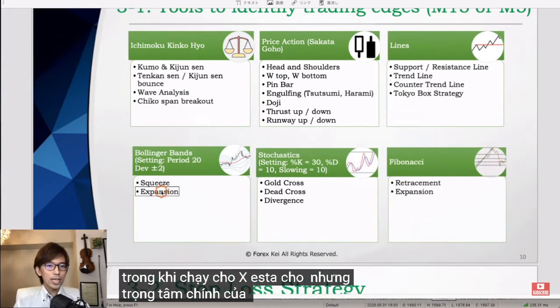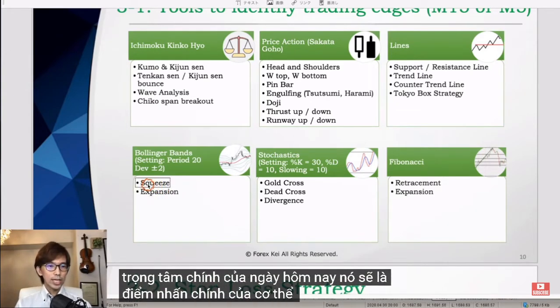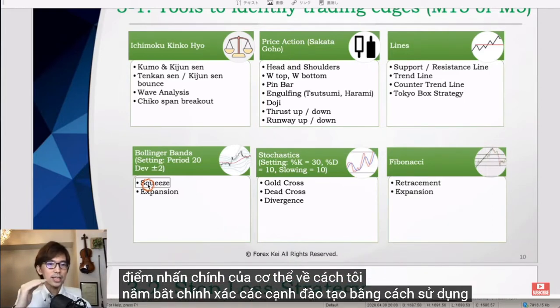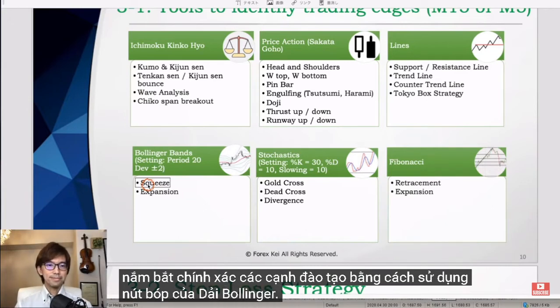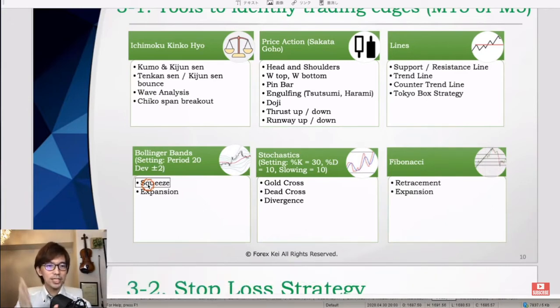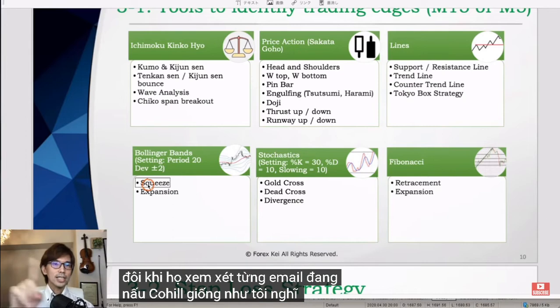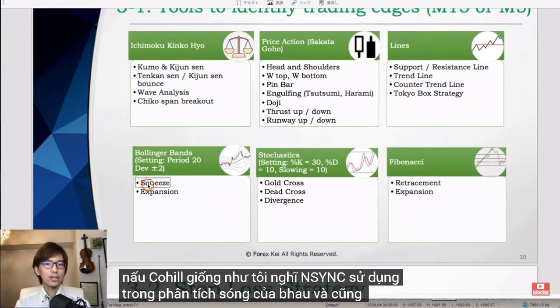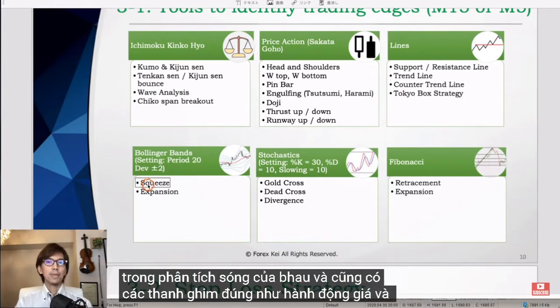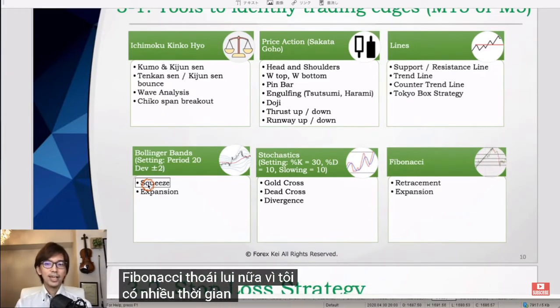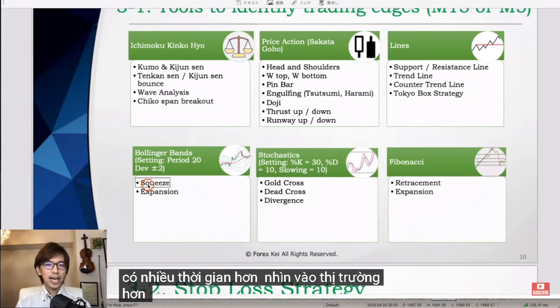The main focus today is Bollinger Band squeeze and how I exactly capture the trading edges with it. But it doesn't mean that I always take squeeze every time to take trades. Sometimes I look at stochastics, sometimes at Ichimoku Kinko Hyo, like Tenkan-sen and Kijun-sen, wave analysis, and also pin bars, like price action, and Fibonacci retracements too, because I have more time to look at the market than when running Forex Tester 4.